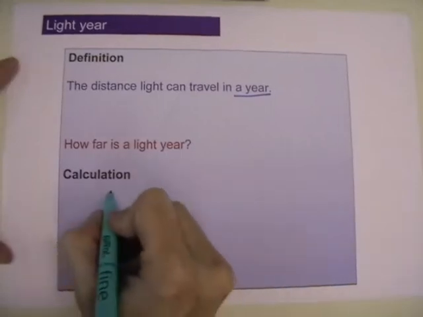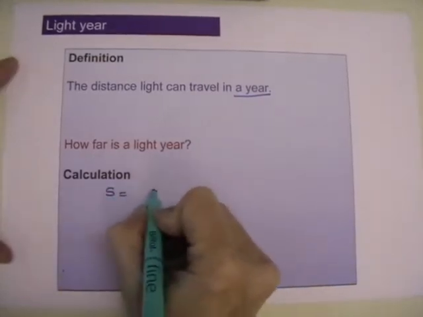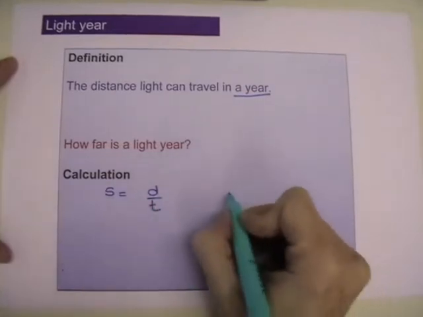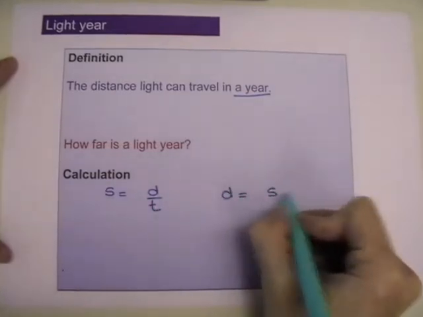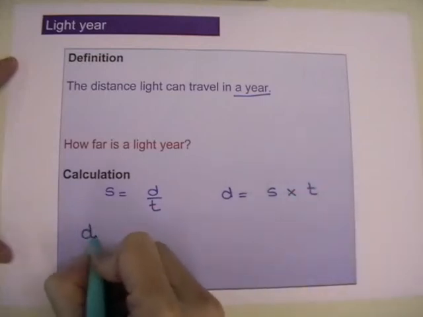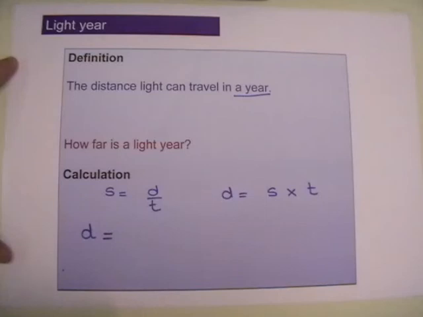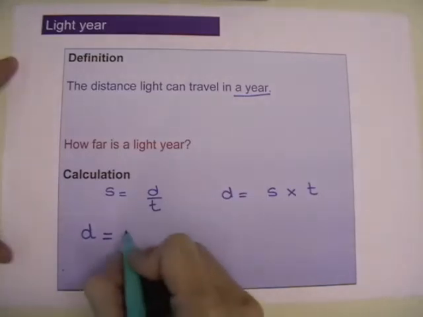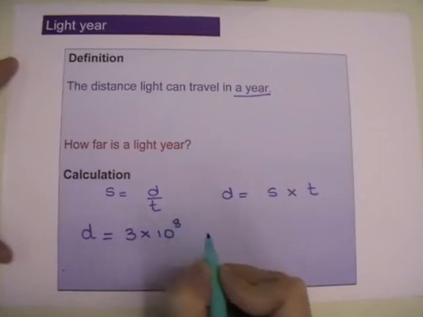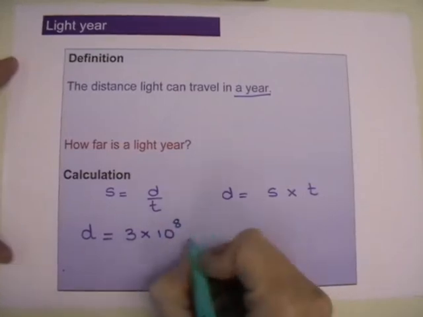So we're just going to do a quick calculation here to see how far exactly a light year is. So we know that speed is distance over time, and if we rearrange that, then distance is speed multiplied by time. Okay, so we're talking about the distance light travels in a year. The speed that light travels at is 3 by 10 to the 8 metres per second, or 300 million metres per second.